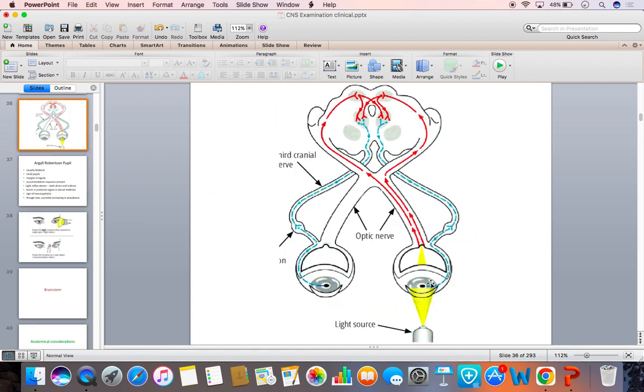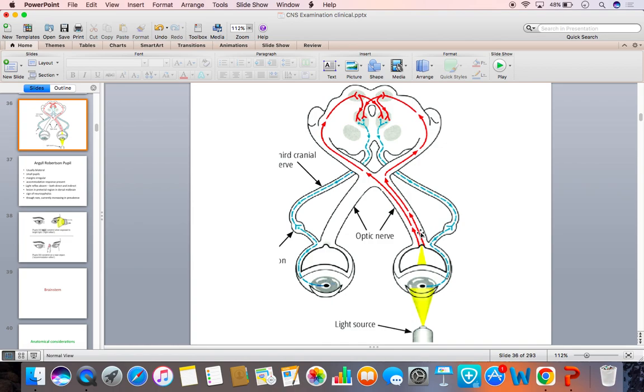Then, if you cut off the optic nerve here, optic nerve lesion, you are cutting off the supply of afferent impulses that are going along the afferent nerve, that is the optic nerve. That means there is no impulse reaching the center. The center for the pupillary reflex is the pretectal nucleus and the Edinger-Westphal nucleus. Okay?